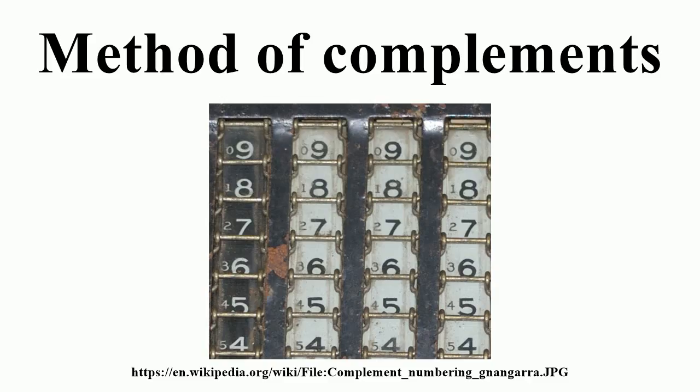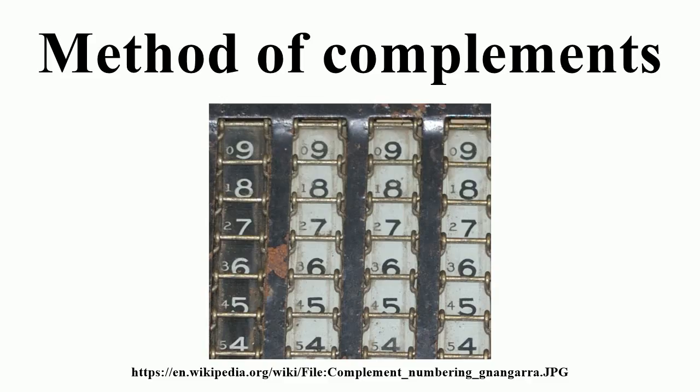The operator also needed to hold down the subtraction cutoff tab corresponding to the leftmost digit of the answer. This tab prevented the carry from being propagated past it, the comptometer's method of dropping the initial 1 from the result.